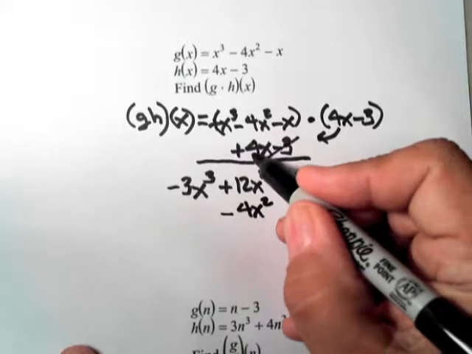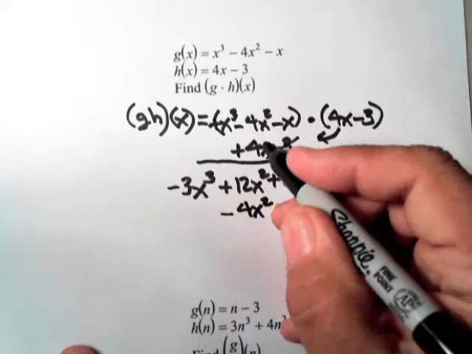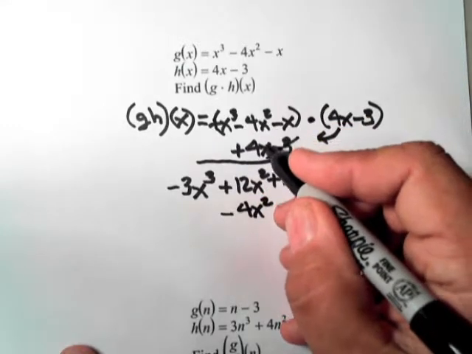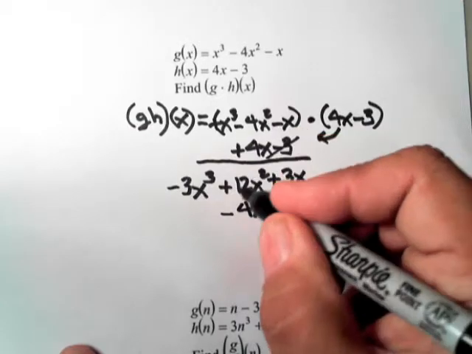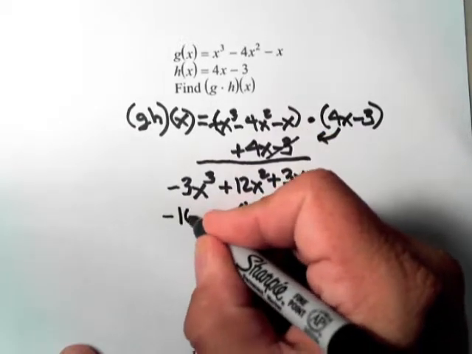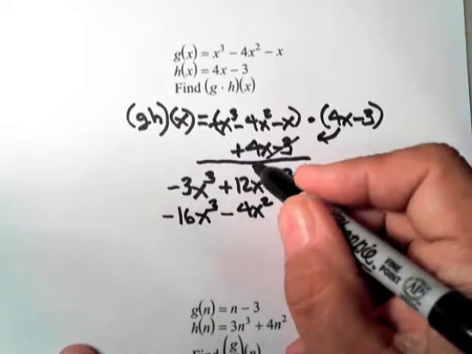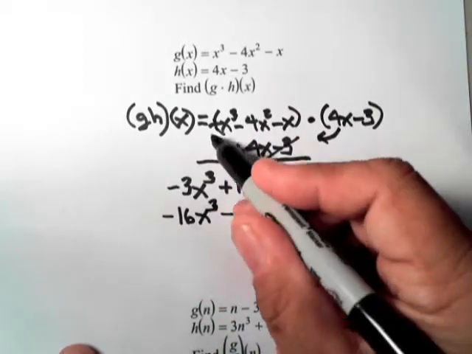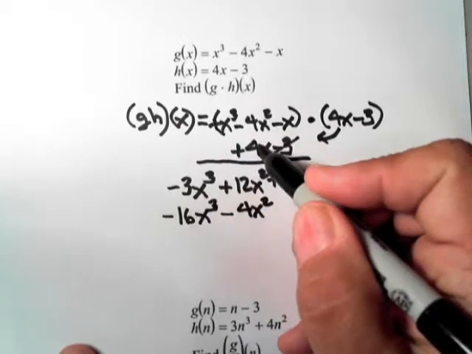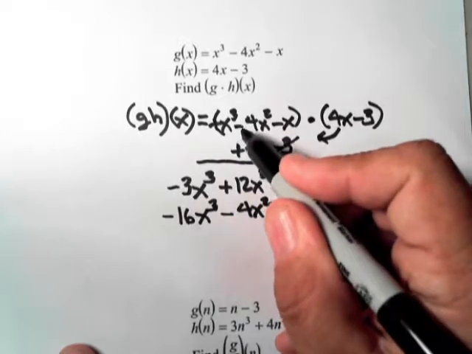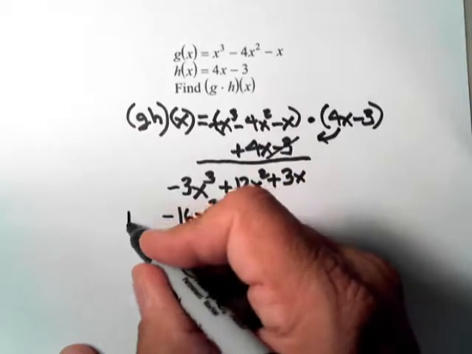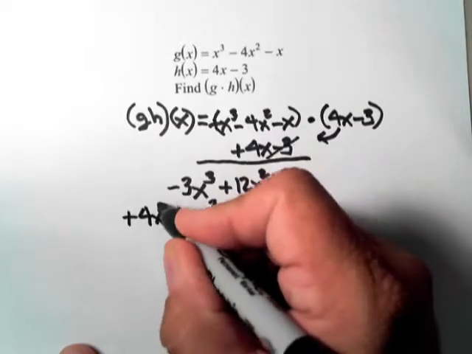Okay. Then I have negative 4 times plus 4 is negative 16. x times x squared to be x cubed, so negative 16x cubed. I line that up right here. And then the last guy out in front, plus times plus is plus 4x times x cubed will give me positive 4x to the fourth.